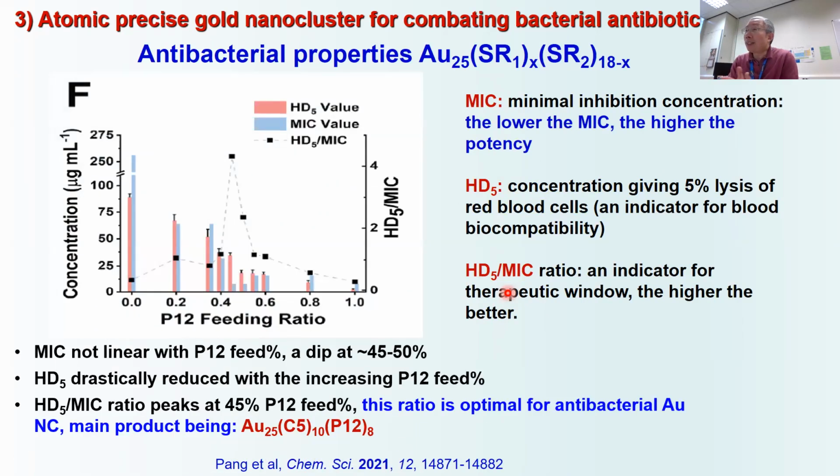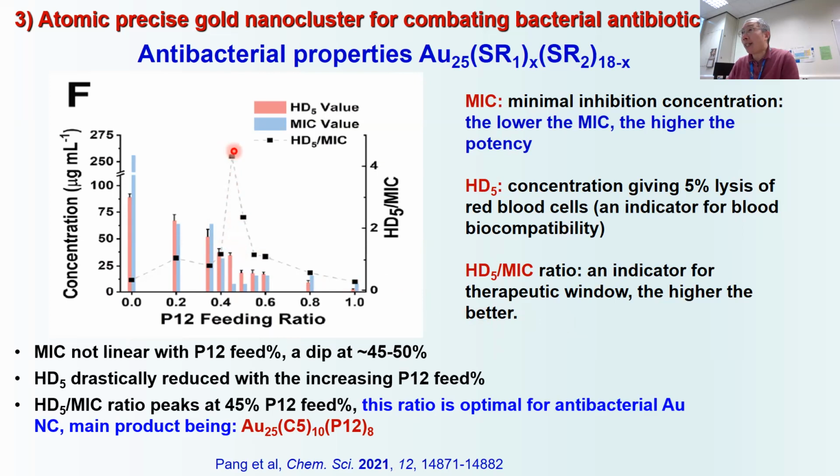We then evaluated their biocompatibility by comparing their 5% lysis of the red blood cells. That is an indication of blood compatibility. And then we use the HD5 to MIC ratio to indicate the therapeutic window from injection.